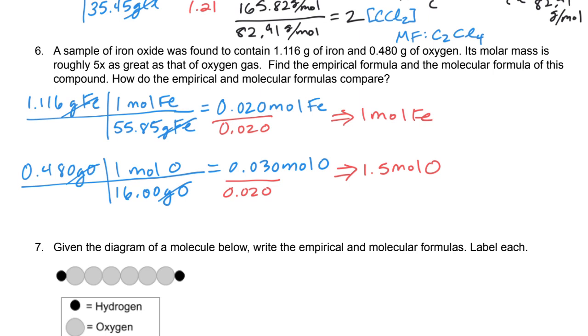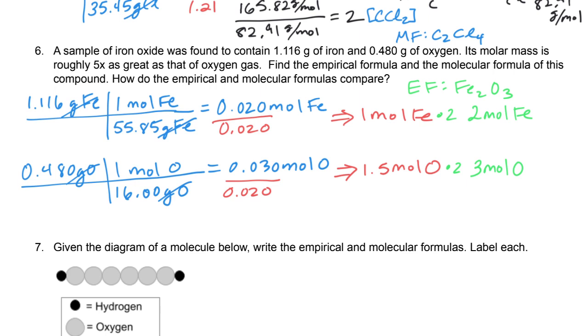So if I multiply both of these by 2, I get the whole number ratio of 2 moles of iron to 3 moles of oxygen. So my empirical formula would be Fe2O3.